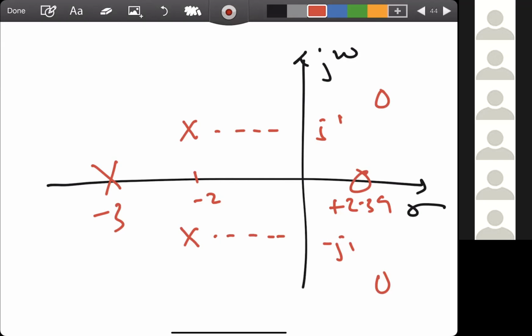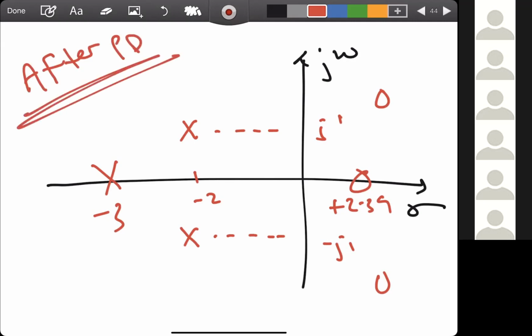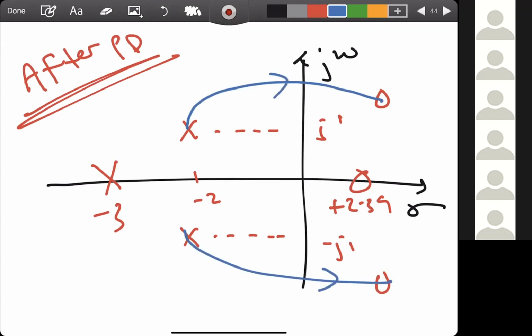After PD. Tak tahu dah doktor. Tahu. Astagfirullah. Tak sama. Start from poles to zeros and then this one straight there. And okay.